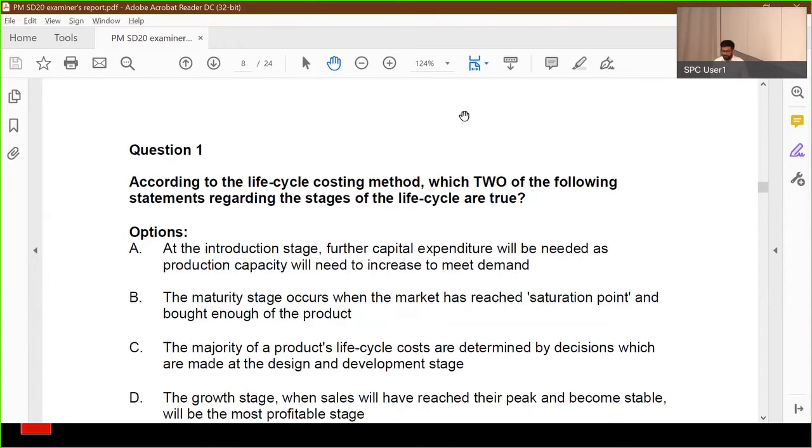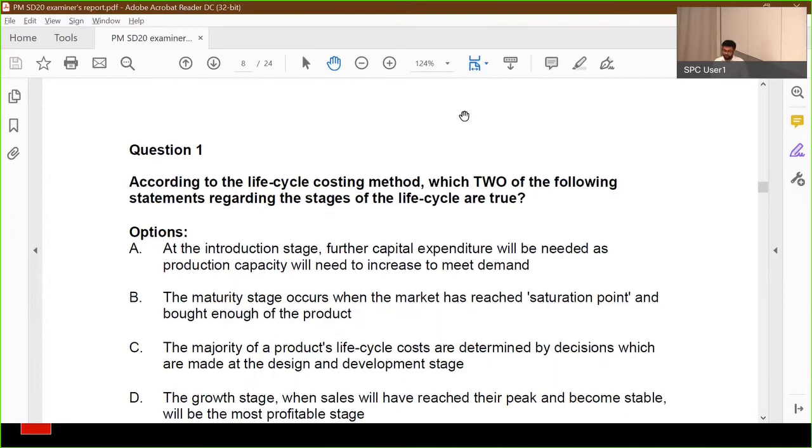So when you develop any new product, you have to look at its design. You have to look at the features which you're going to offer to customers. And all of these decisions are actually done at the design and development stage of the product lifecycle.